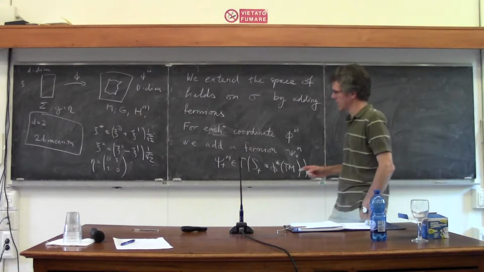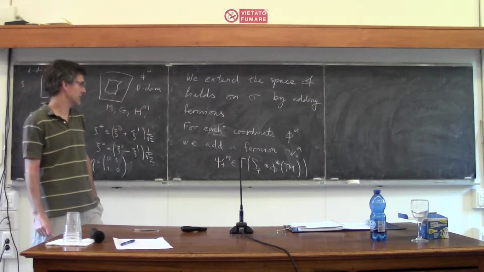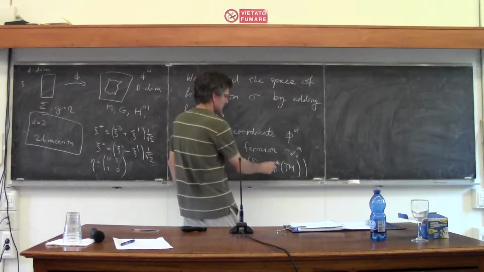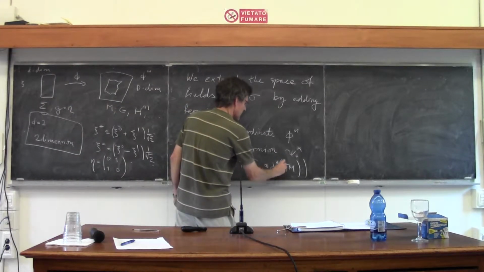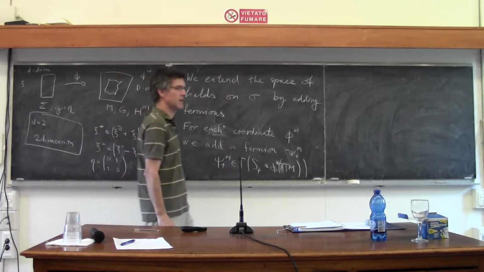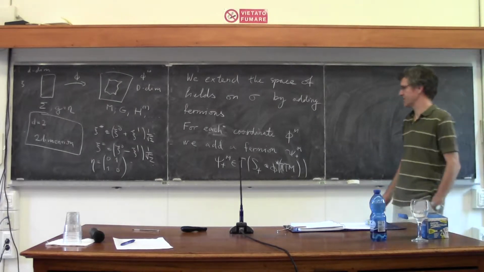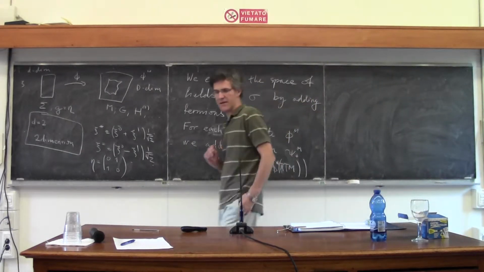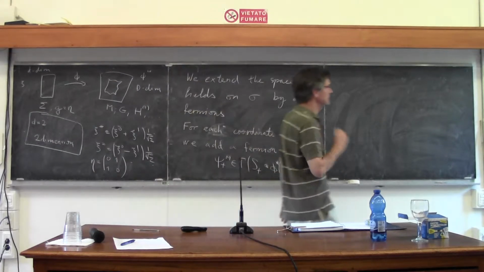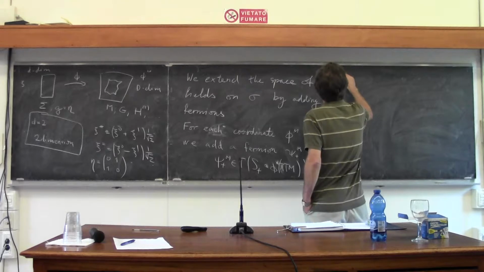And they will be anti-commuting, as is standard in physics when you have fermions. One way that people indicate this is to say that it's not a tangent bundle, but a parity reversed tangent bundle. But that's just a way of saying that they are anti-commuting. Right, so psi plus M.